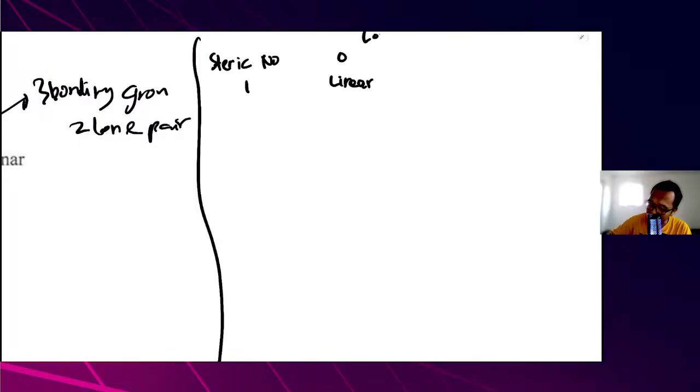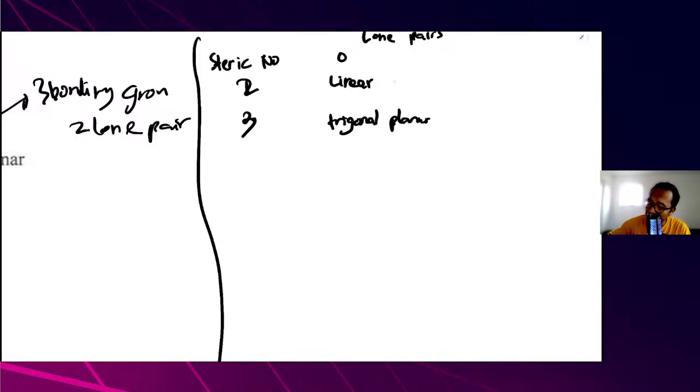This one has lone pair. And then steric number 2, yes, it should be at least 2. If the steric number is 3 and no lone pair, it is trigonal planar.